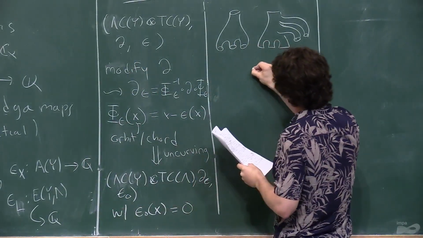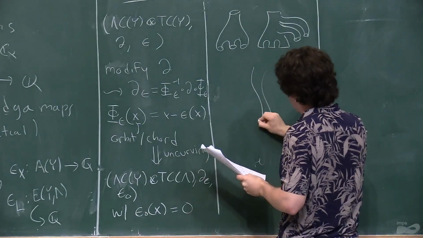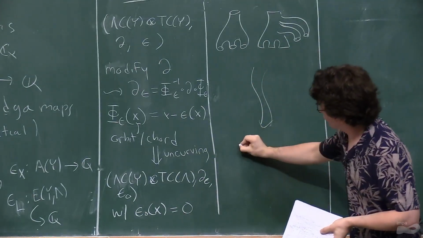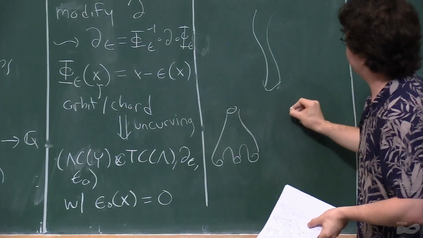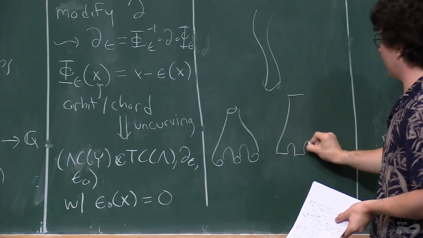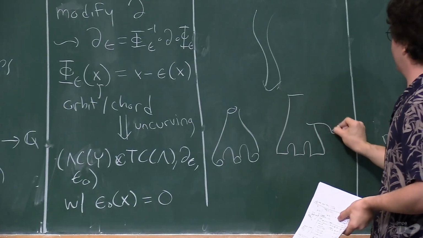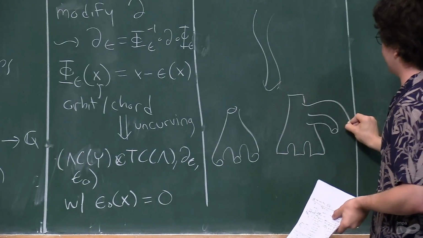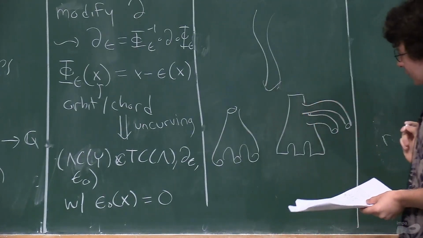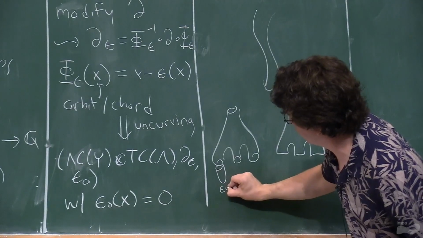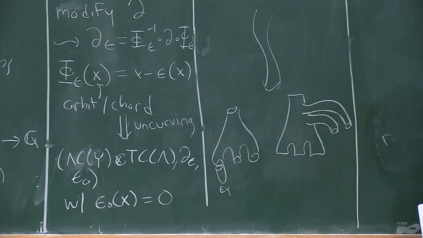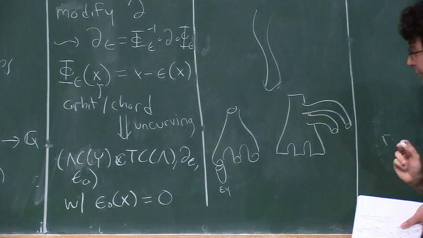On the curve side, the picture you should have in mind is that I've taken the holomorphic curves that I had before, and I'm recounting them by plugging various outputs of the holomorphic curves with the value of the augmentation at that output.